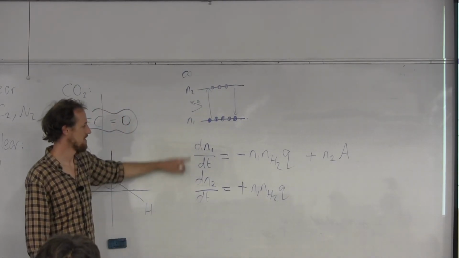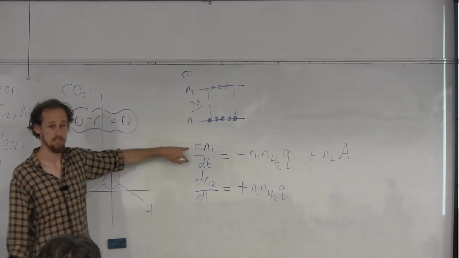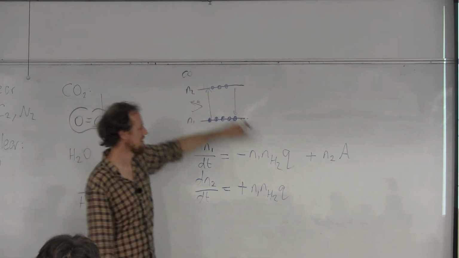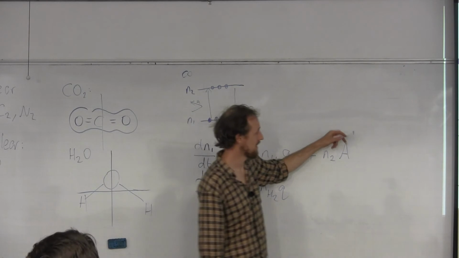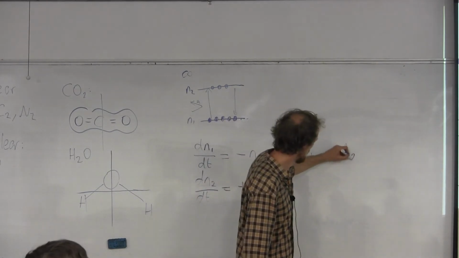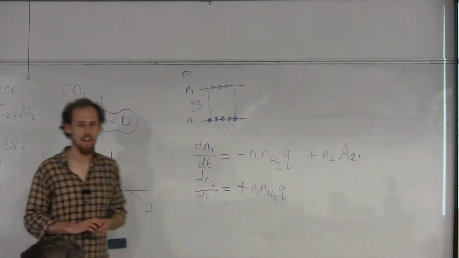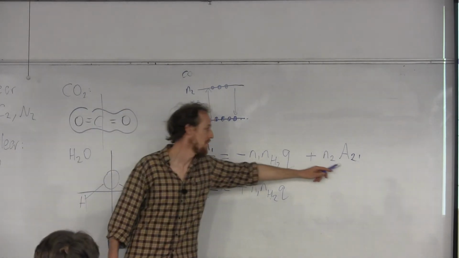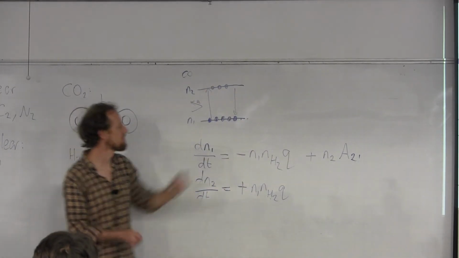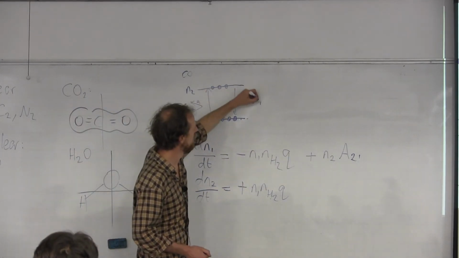So the probability that happens, the speed at which that happens, depends on how many there are in the first place, multiplied by the Einstein A coefficient, the other, effectively, physical parameter we need to describe that part of the process.